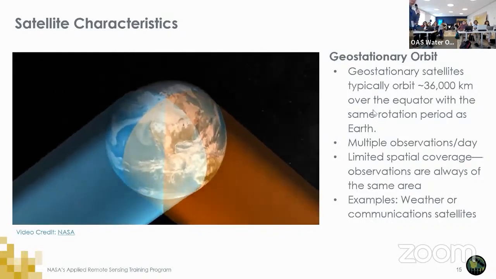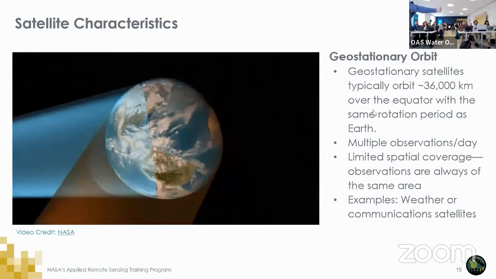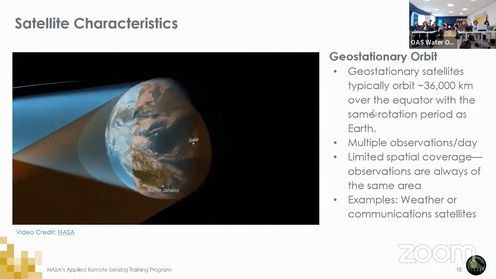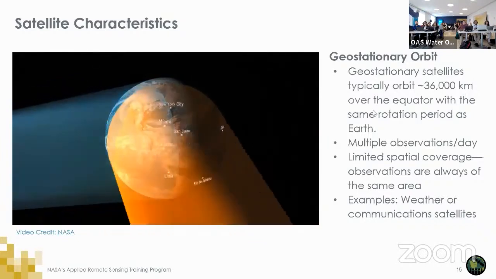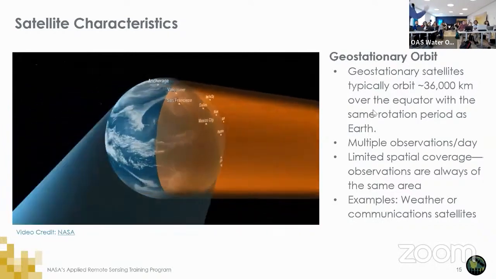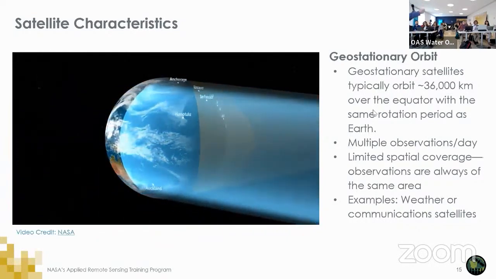Their orbit is geostationary, which means it is in orbit at the same rate as the rotation of the planet. So it's always looking at the same place. So it's always collecting weather at that same place 24/7, day and night. And I believe it's every 5 to 10 minutes that it's collecting this information.